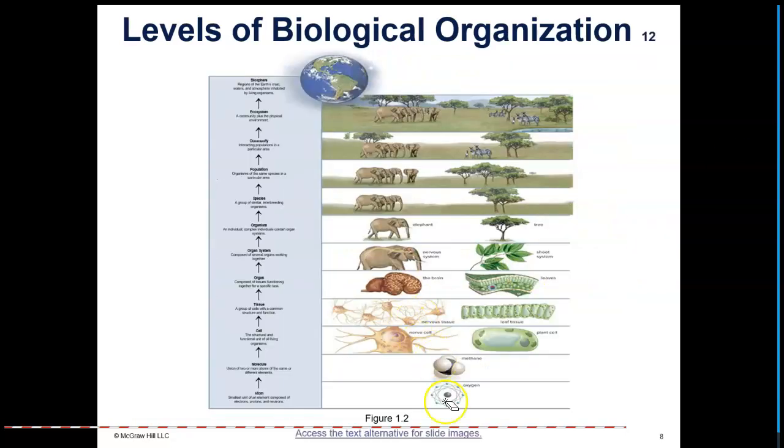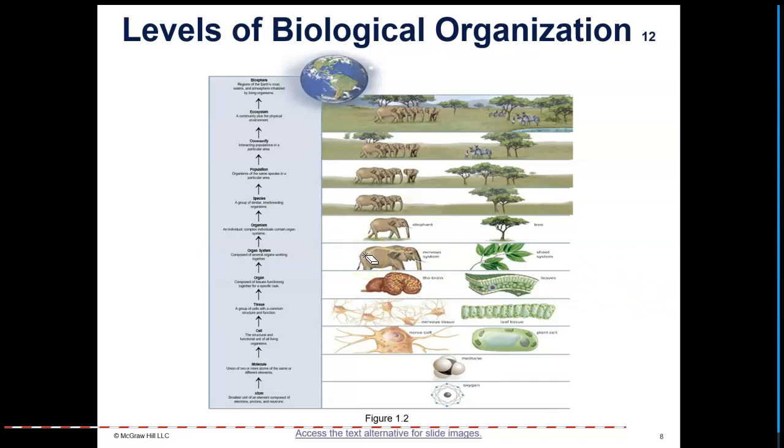All right, so now we're looking at the same diagram. We're just adding to it. When you put all the organ systems together, you get the entire organism, even though there are some unicellular organisms whose level of organization stops at the cell. But we have the elephant and the tree. This is an African elephant, and this is an acacia tree.